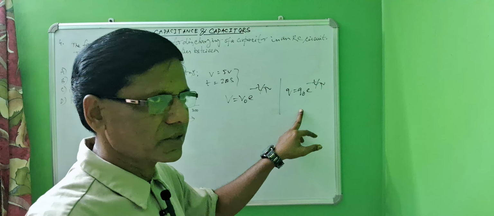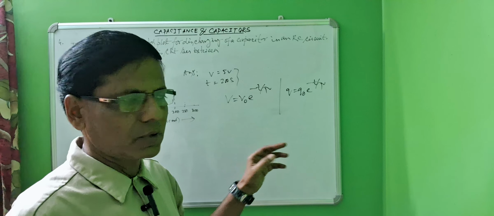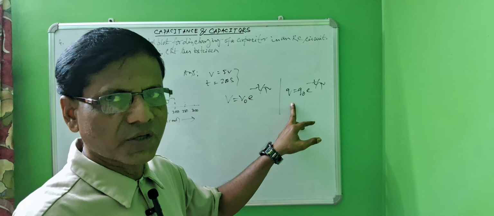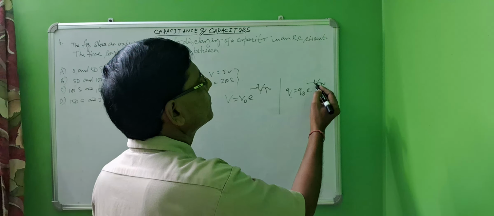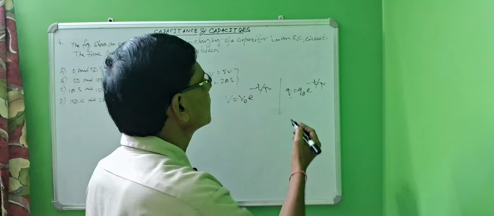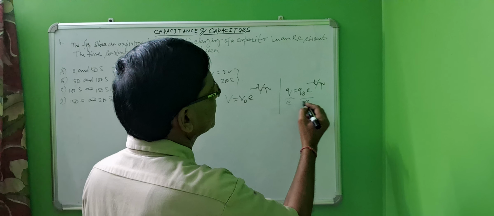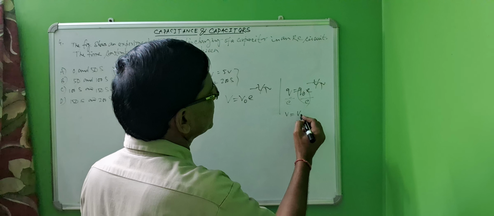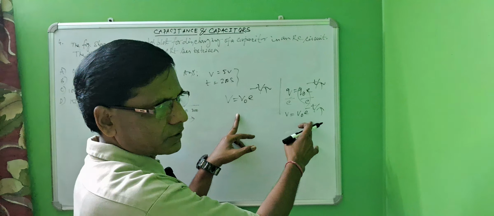It is the discharging case, that is, in course of time the cell is taken out and charge is discharging. So at time t there is a q charge, at time t1 there is a q1 charge, in this way. When this is divided by C, you get V equals V0 e to the power minus t by tau.